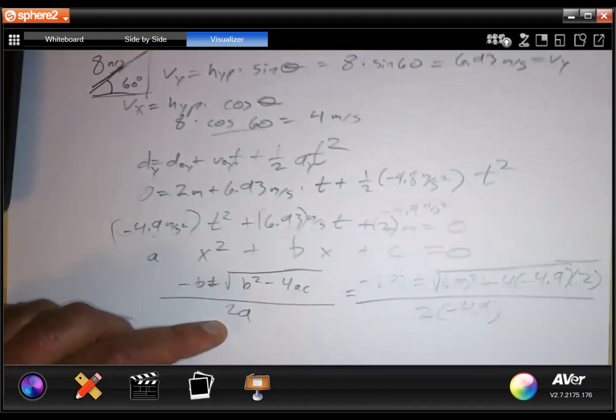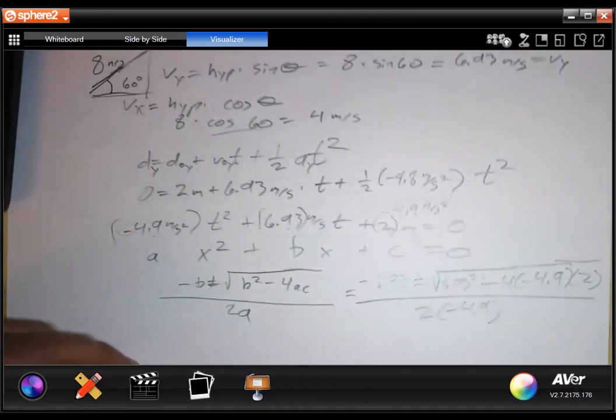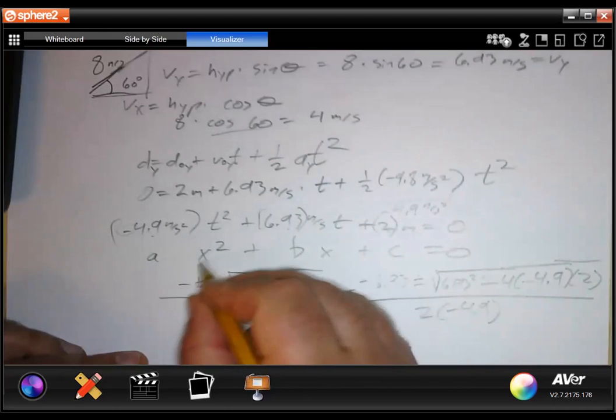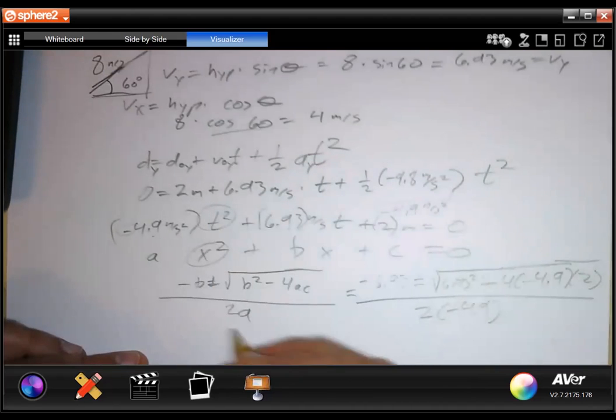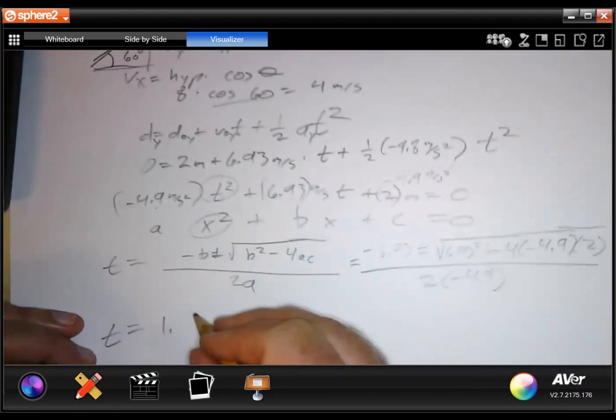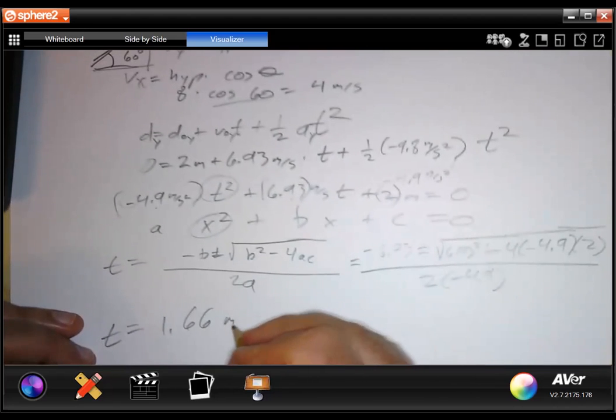Okay, so that is our equation. You're going to get a lot of algebra in here, and you're going to end up with, remember, all of this was solving for this variable. So hopefully we got 1.66 seconds.